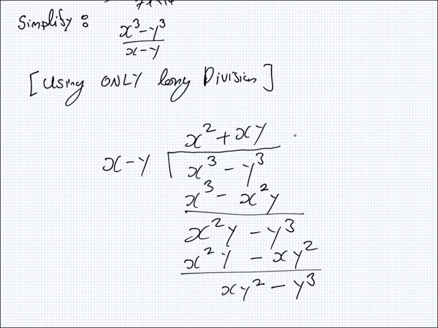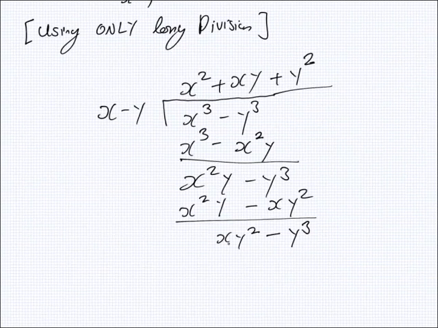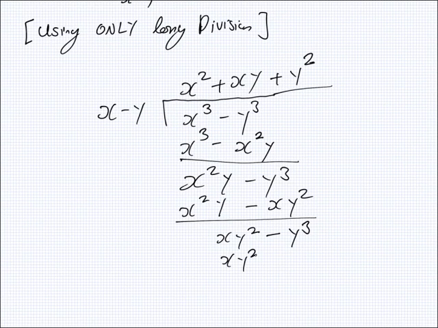What is the last multiplication here? It is plus y squared. So that would be xy squared minus y cubed, finishing me with a 0 here at the end.